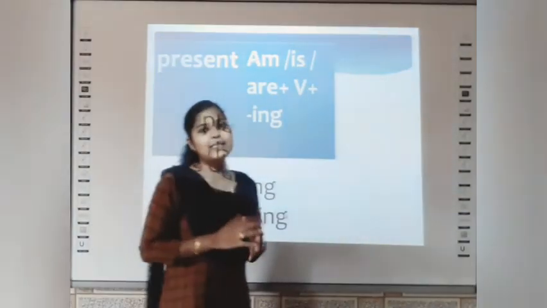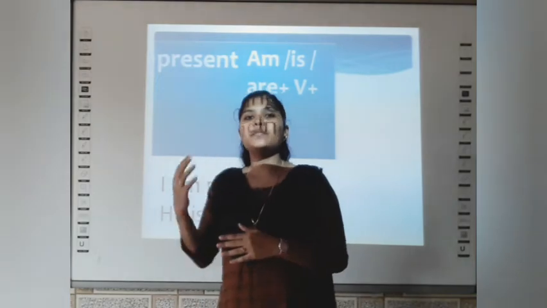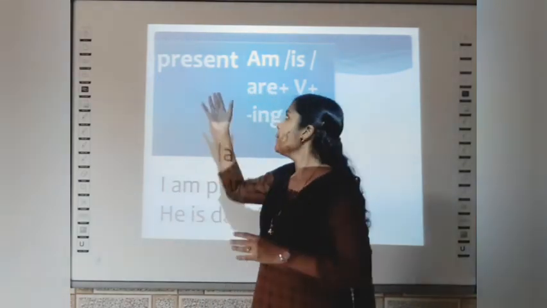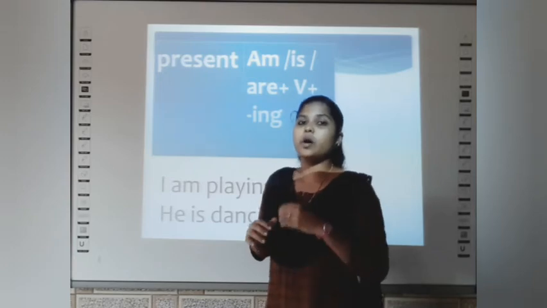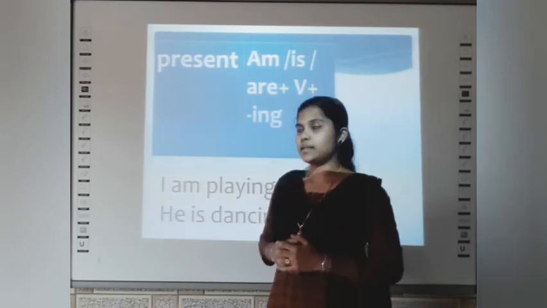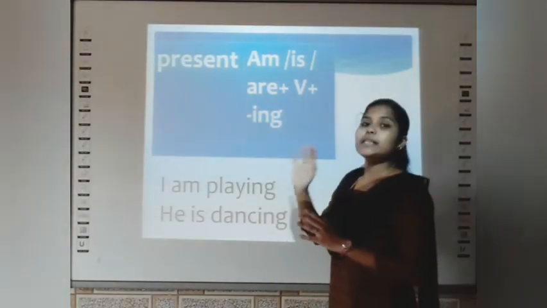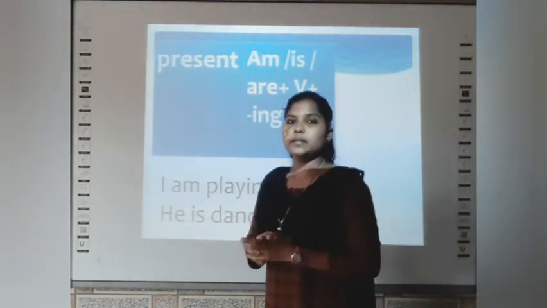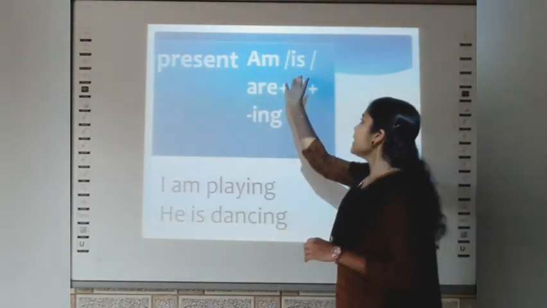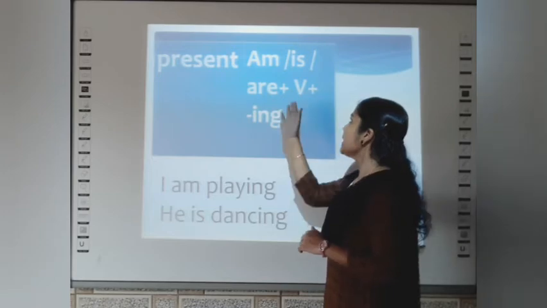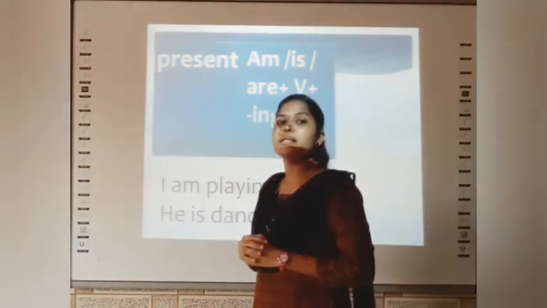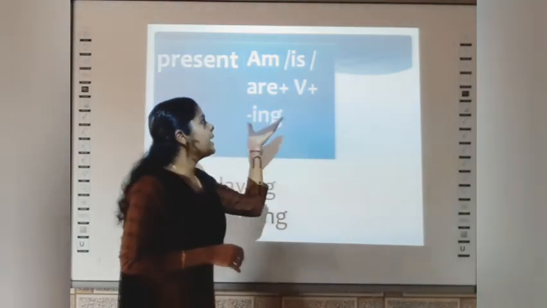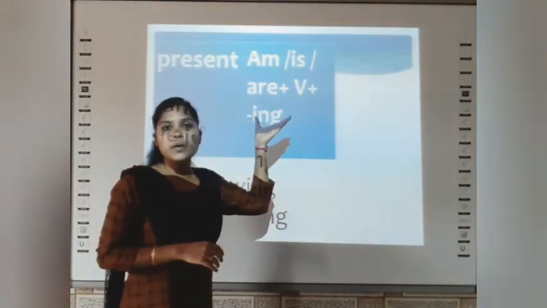For the present form, how will the verb be for present progressive tense or present continuous tense? First let's take the subject. Then am, is, are plus the verb in the first form plus ing. The verb is in the form of ing. Ing refers to continuous form.